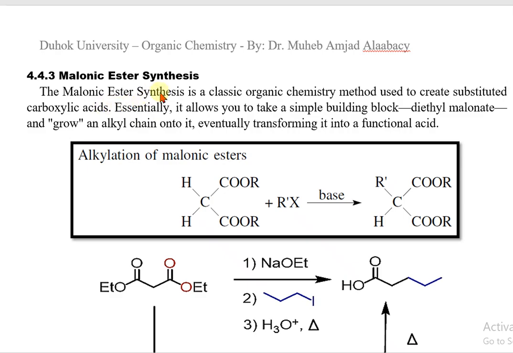The malonic ester synthesis is a classic organic chemistry method used to make substituted carboxylic acids. It allows you to take simple building blocks, for example diethyl malonate, and grow the alkyl chain onto this compound, eventually transforming it to the functional group of the acid.